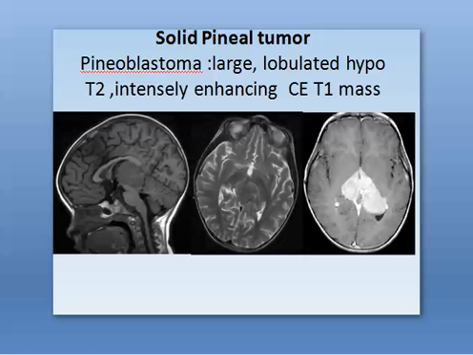Solid pineal tumor, pineoblastoma, is large, lobulated, hypointense in T2, and intensely enhancing in contrast-enhanced T1 weighted images. Again, if we say germinoma, we are not far from the correct diagnosis.